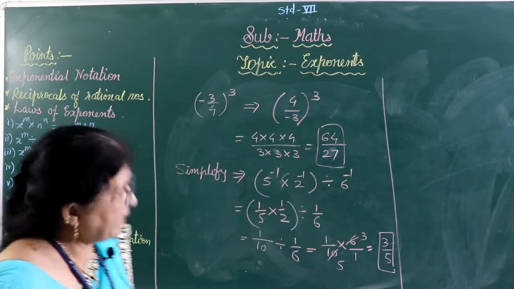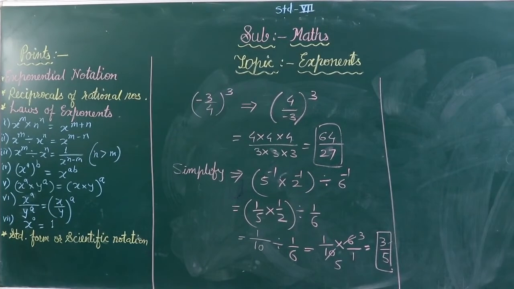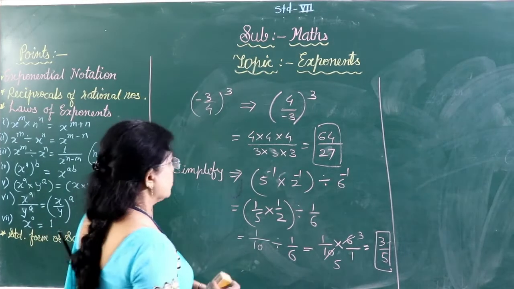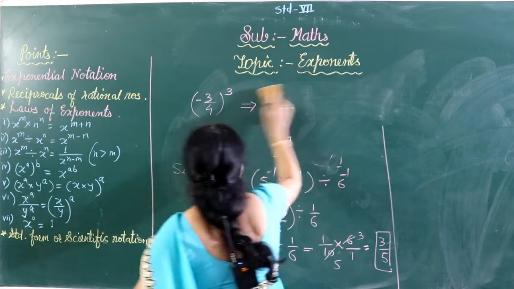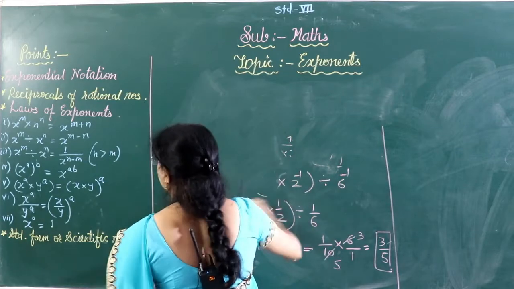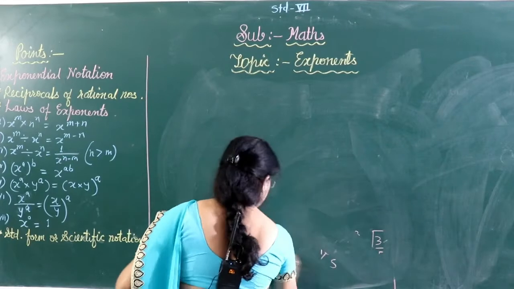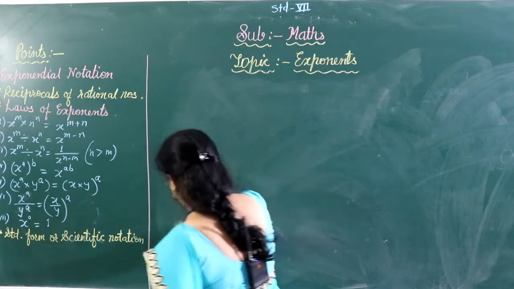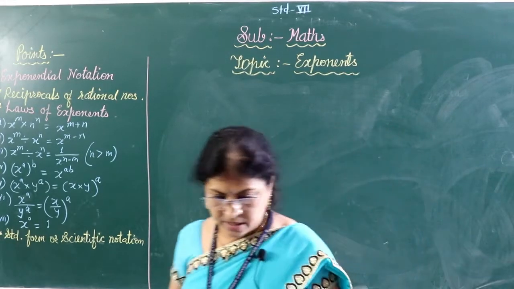Okay. Now, next we will come to the laws of exponents. There are many different laws which we use to simplify the problems. So first law we will see. First law is, suppose x is any rational number and m and n are integers, positive integers, then how will we apply these laws?